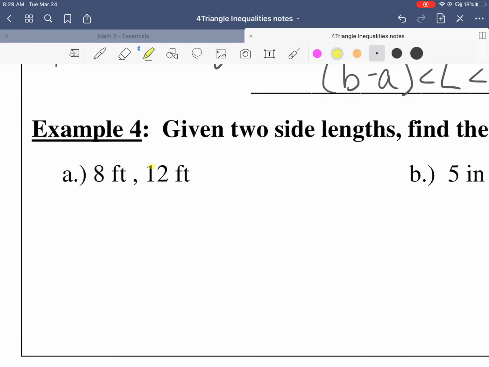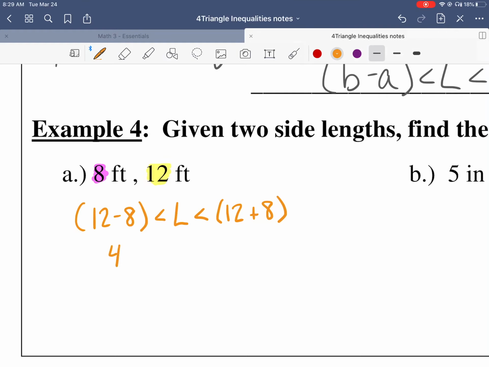So of the two they gave you, 12 is bigger and 8 is my smaller. So what I do is I do my bigger minus my smaller has to be less than the length of the third side. That also has to be less than my bigger plus my smaller. So 12 minus 8 is 4. 12 plus 8 is 20.